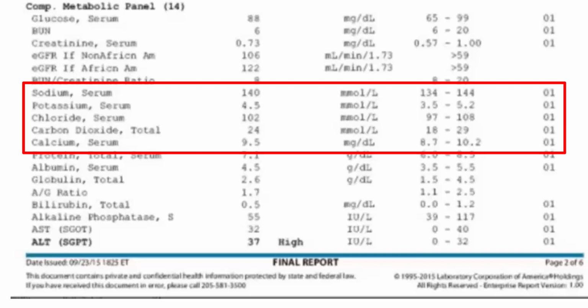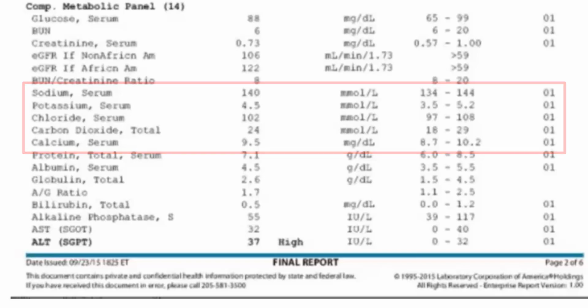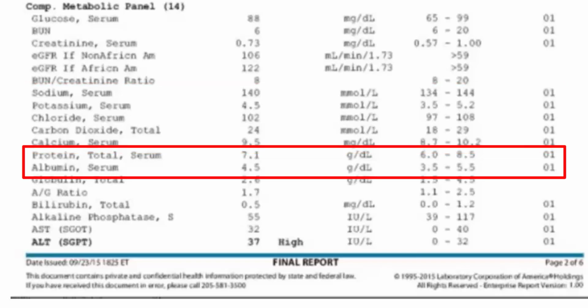Typically, the potassium and the sodium are the most important of these electrolytes. In terms of your body's function, if they're really too high or too low, it can affect your heart, it can affect your kidneys, it starts affecting other organs. So that's why it's important to have them in normal range. The protein and the albumin we often use as a surrogate to note if someone is having some malnutrition.